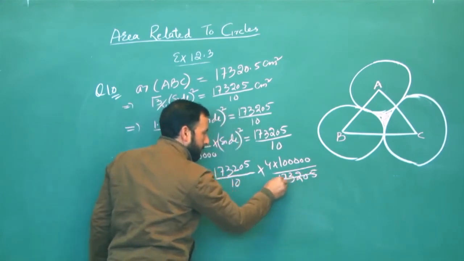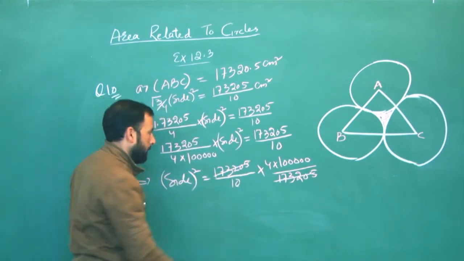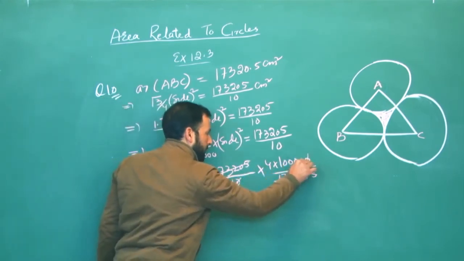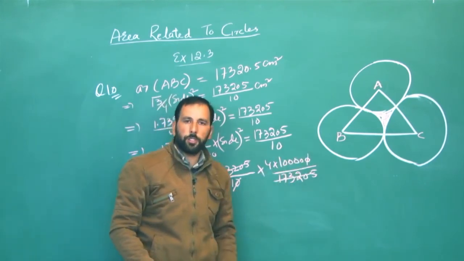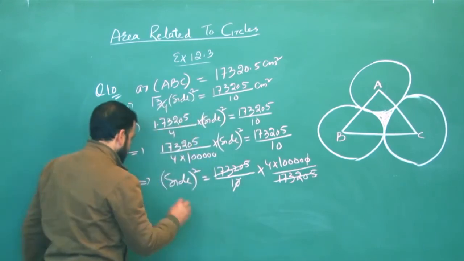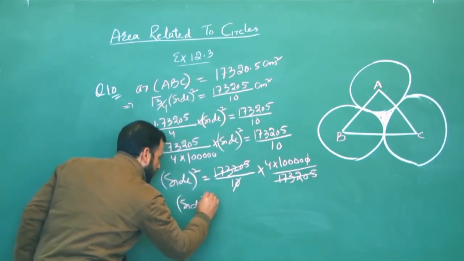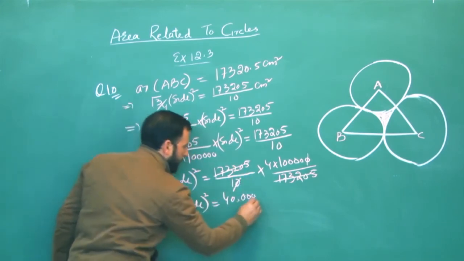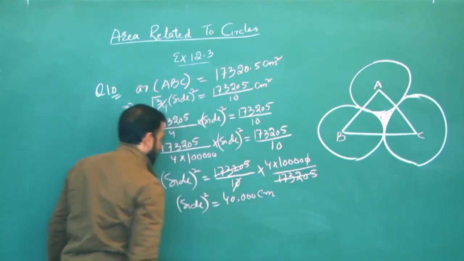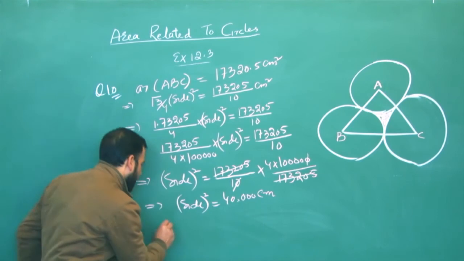Clearly, this 17320.5 cancels with that 17320.5, and the 0 cancels with the 0. It is 10,000 into 4. 4 into 10,000 is equal to 40,000. That implies side square is equal to 40,000 centimeter square. Now, what is the side?